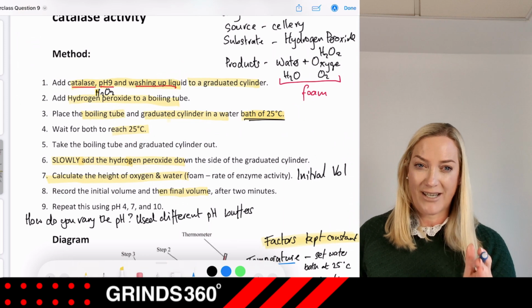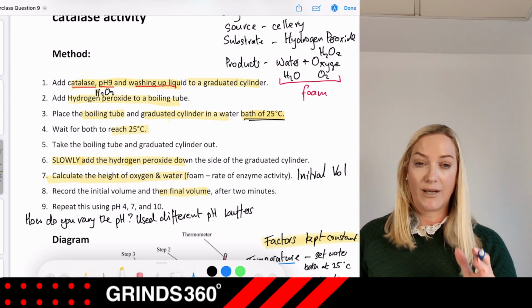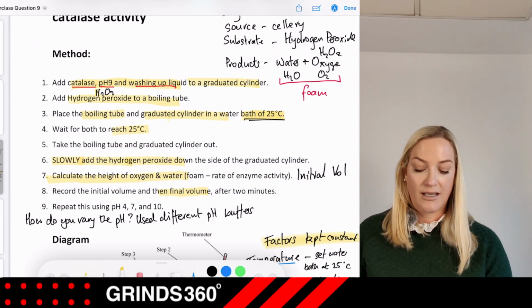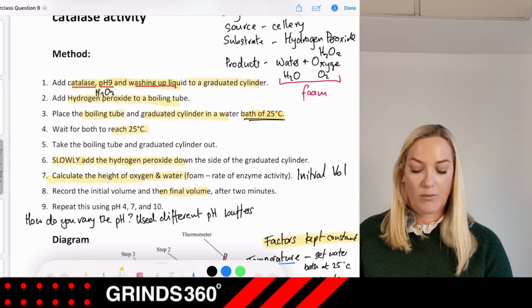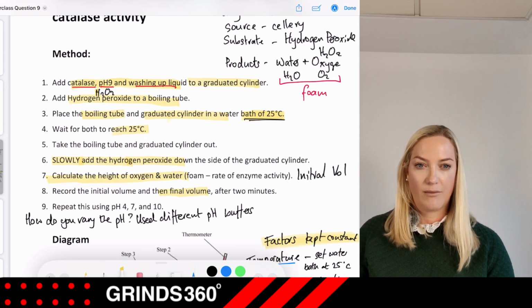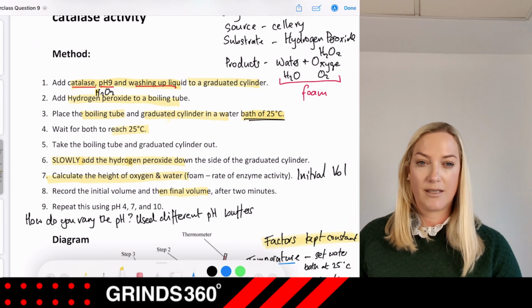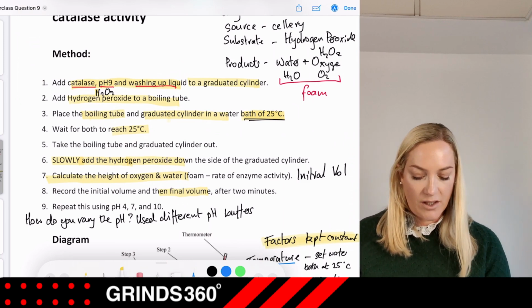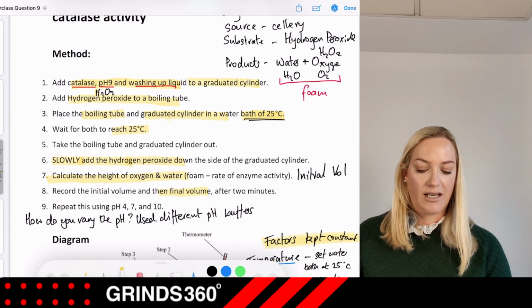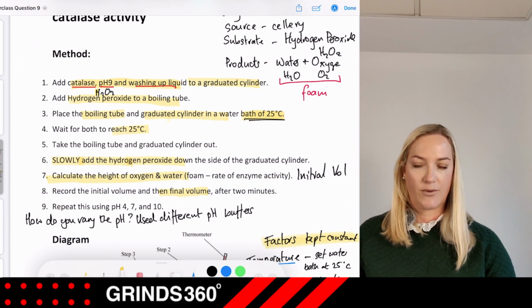They're getting very strict now. They don't like giving away H1s. If someone said a boiling tube was placed in a water bath, but didn't have the words graduated cylinder, they may not get the mark. So link these together: boiling tube, graduated cylinder, and water bath at 25.